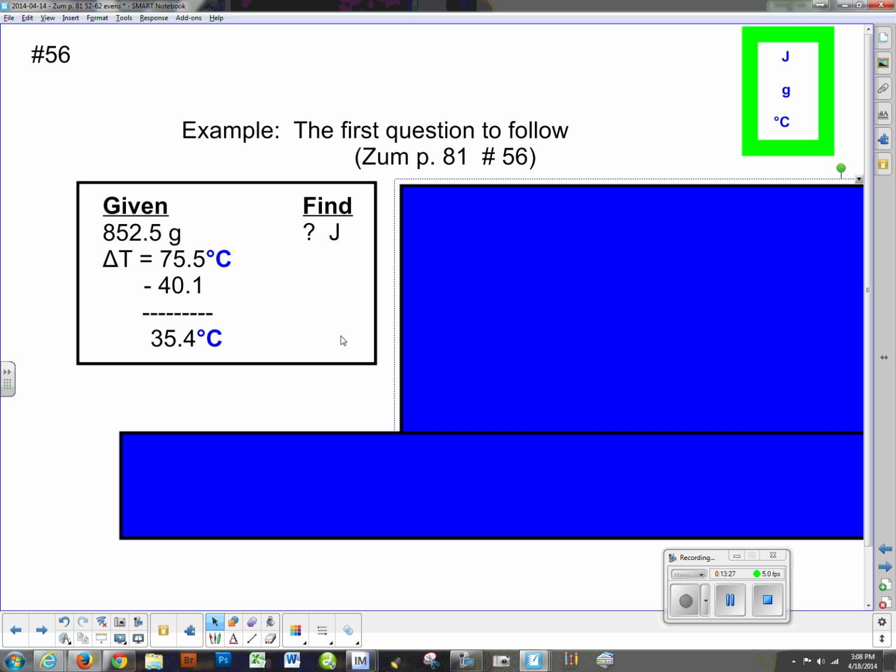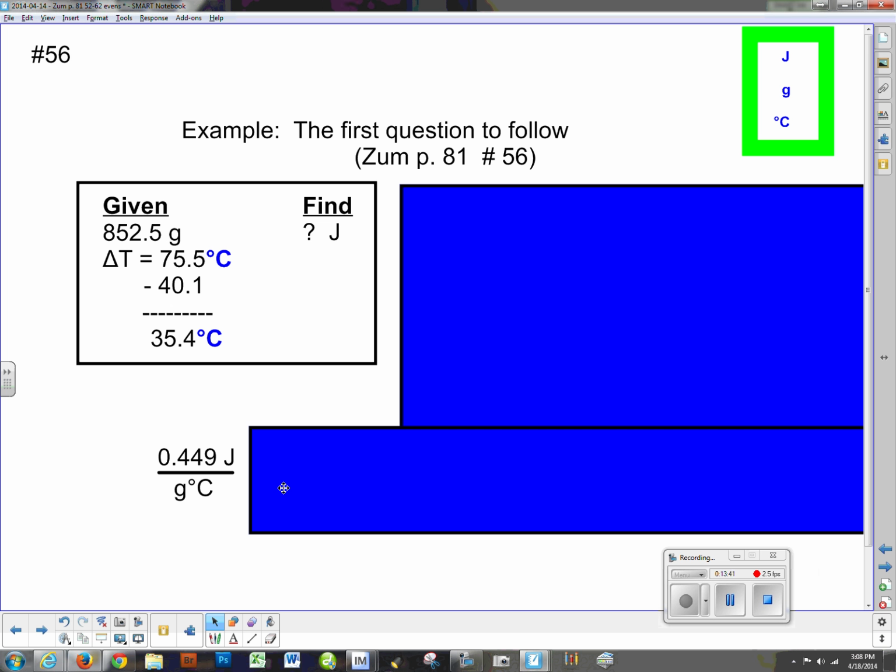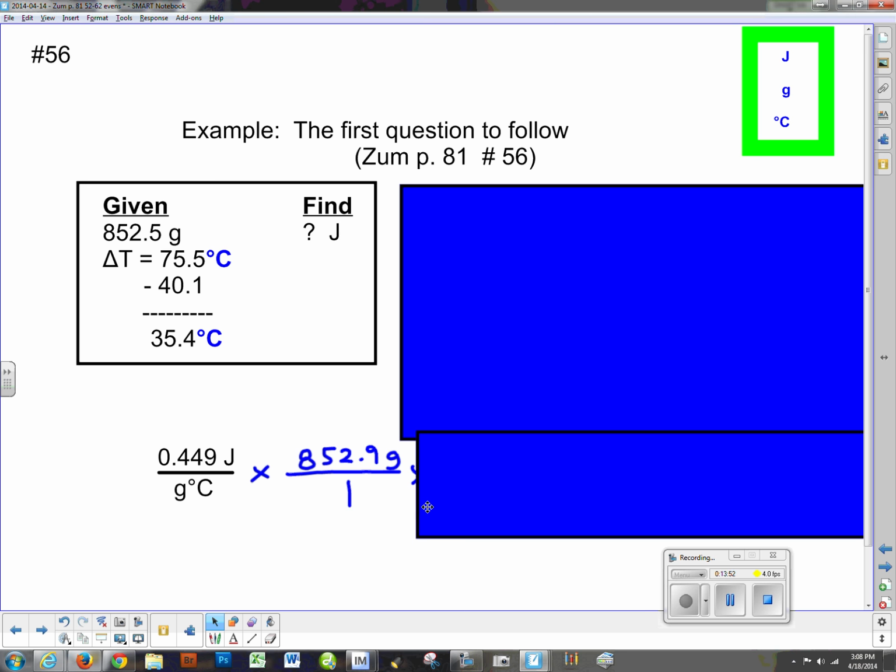Okay, what's going to be on top in the first fraction? Joules or grams degrees centigrade? Joules, yeah. Because joules is what the find is. Okay, and then where's the grams going to go? Top or bottom? On the next fraction. Up, yep. Okay, and the temperature change will go where?